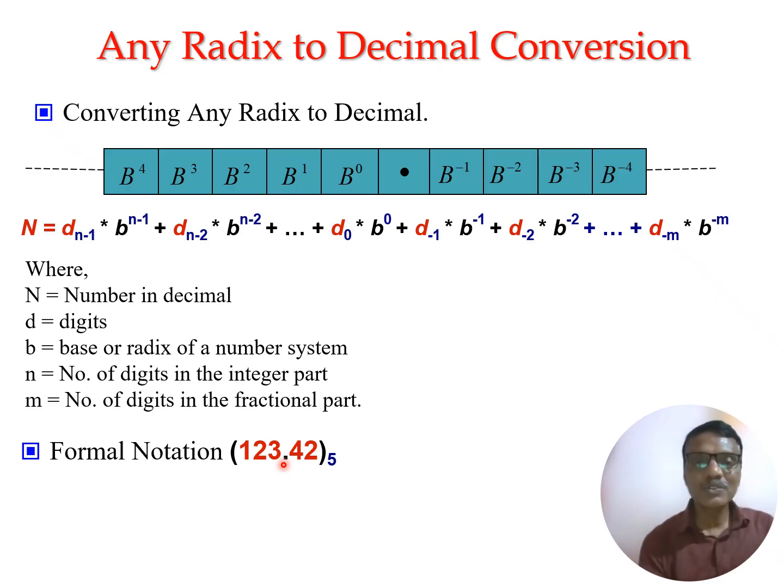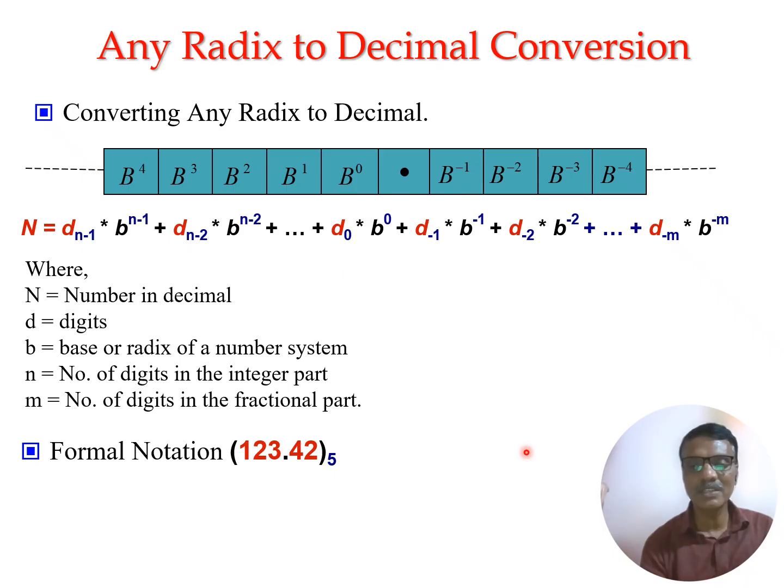We discussed only binary, octal, hexadecimal and decimal, these 4 number systems. Apart from that, any base, like here base 5 is given, or base 3. If 3 is given, then it is a conversion from base 3 to decimal.